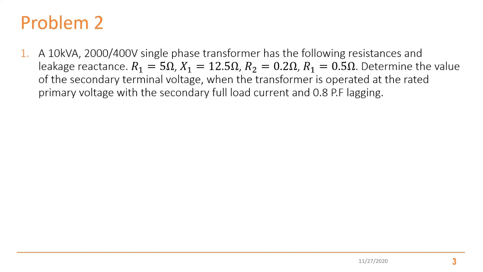So you can use the approximate equivalent circuit, neglect the core part, and then solve this problem. Since what you have to find out is the secondary voltage, I recommend you get the approximate equivalent circuit referred to the secondary. Then your life will become much easier.